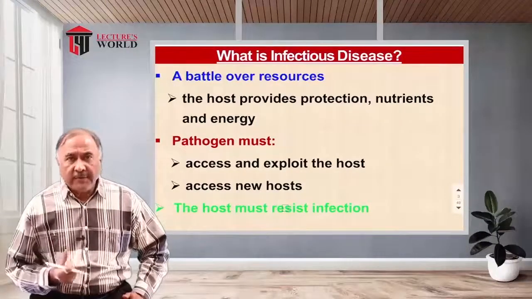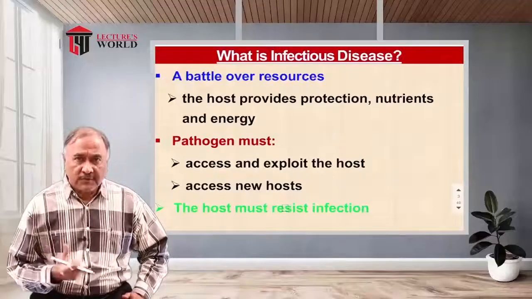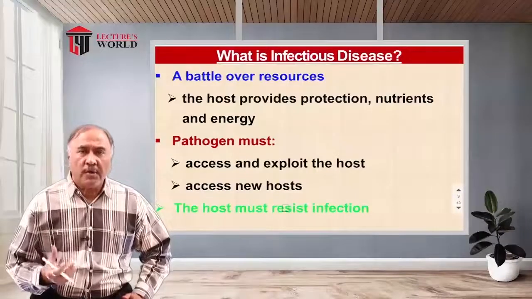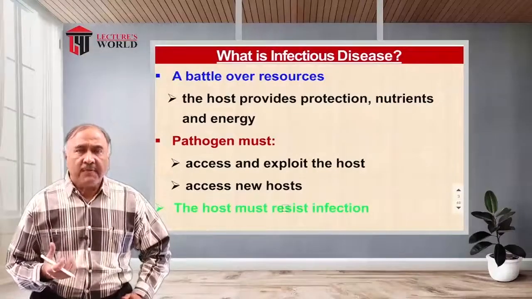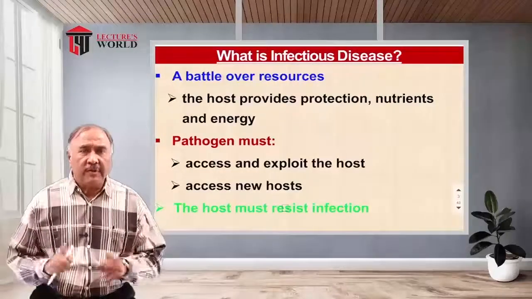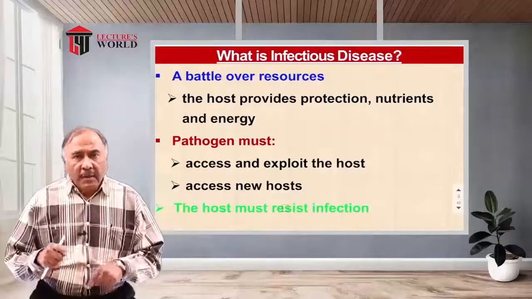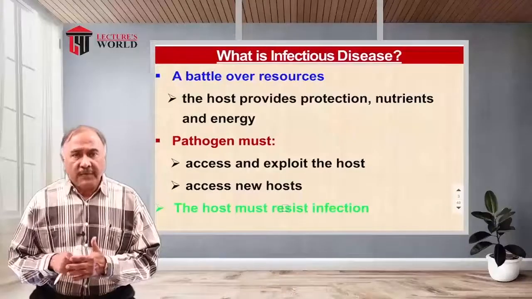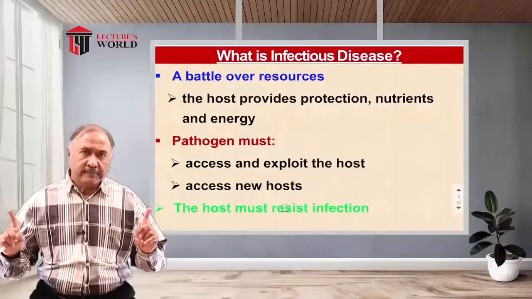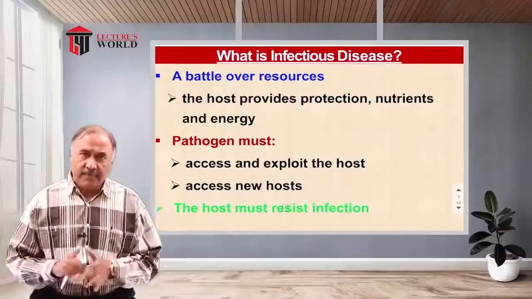How do you interpret this? Battle over resources. Whenever there is a battle between 2 countries or 2 individuals, it means there are 2 parties who are fighting with one another. Here we are taking it in the sense that one is a host and the second one is a pathogen.